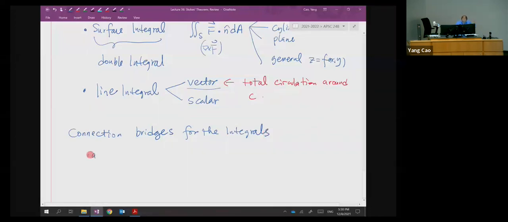The two theorems are exactly the things that we learned in the last week. Number one, it connects a double integral and the triple integral together. And this is called the divergence theorem.